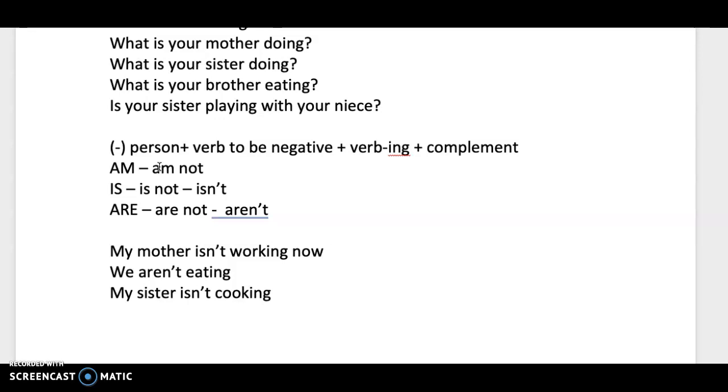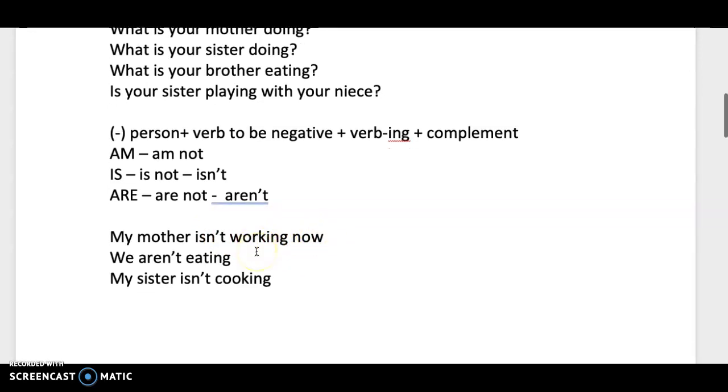For example, my mother isn't working now. Mi mamá no está trabajando ahora. My mother isn't working now. Or for example, we aren't eating. Nosotros no estamos comiendo. We aren't eating.